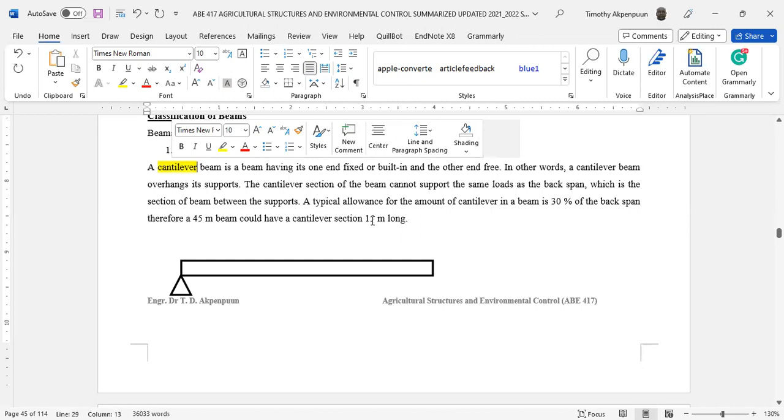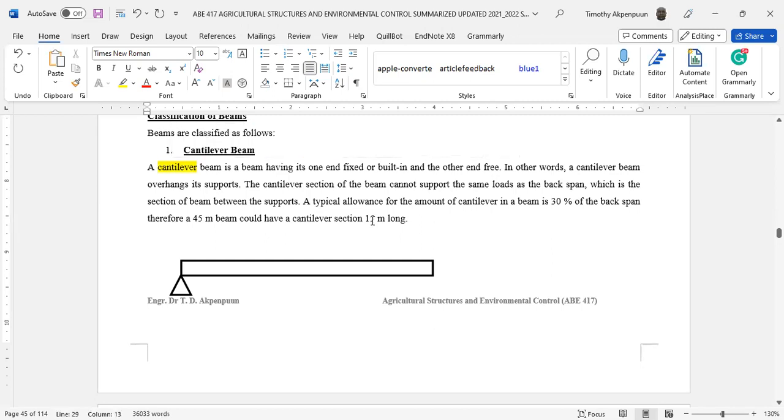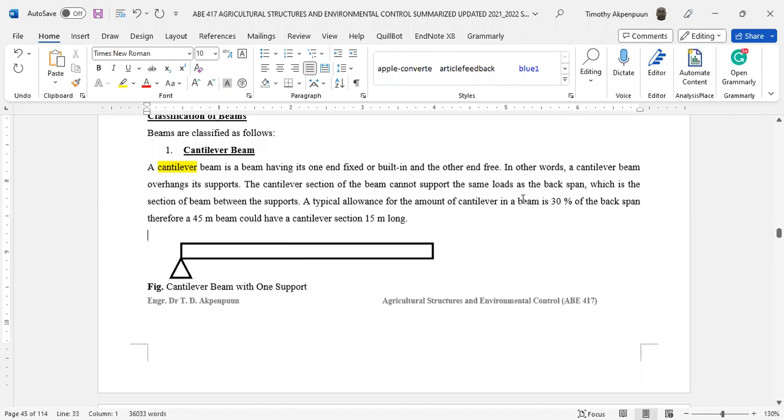You should take note: fixed or built in means not movable. No horizontal movement, no rotational movement, no vertical movement. That is built in or fixed, and the other end is free. So this is an example of a cantilever beam.